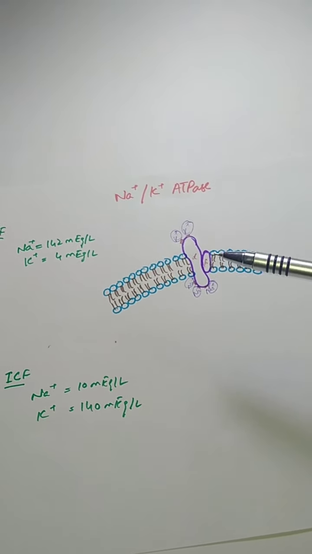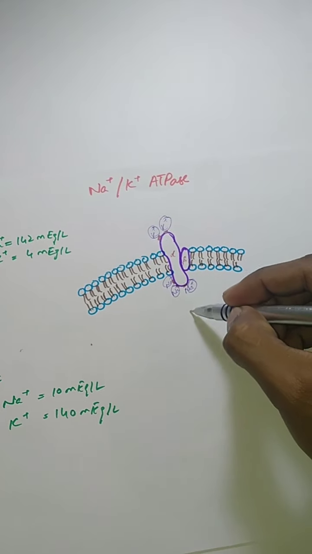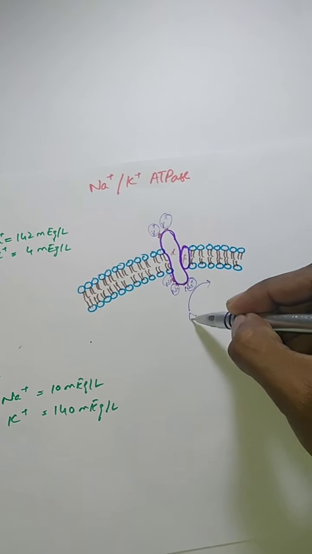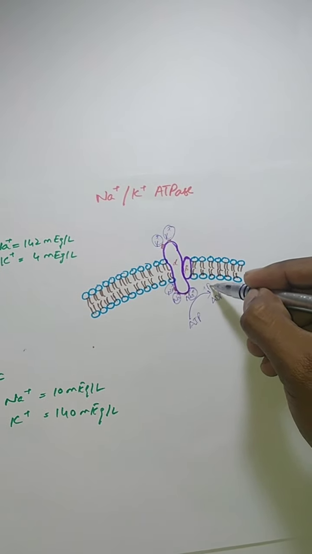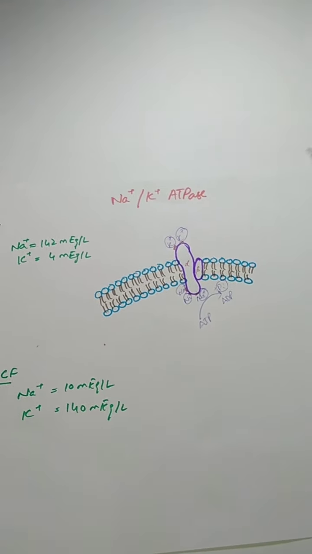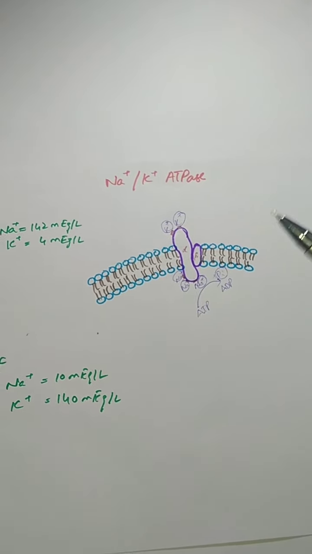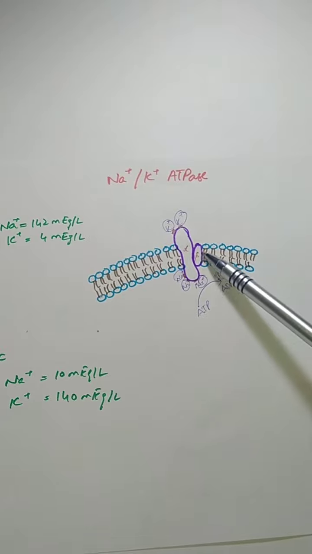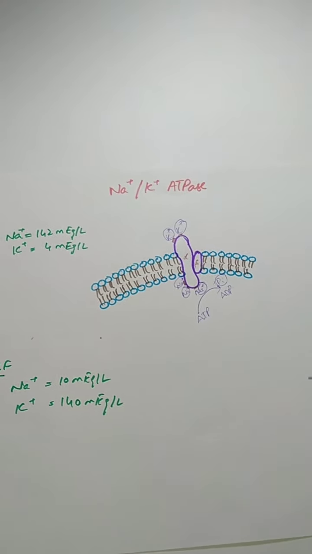Once activated, it breaks down the ATP into ADP, releasing one inorganic phosphate. Now what does this inorganic phosphate do? This inorganic phosphate autophosphorylates one of the amino acids in this alpha subunit.